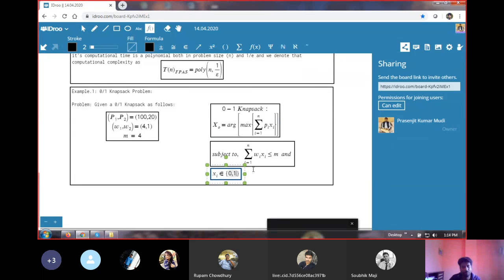Either xi will be 0 or 1. Okay, so this is fine. So we know that this is the 0 by 1 knapsack problem model.